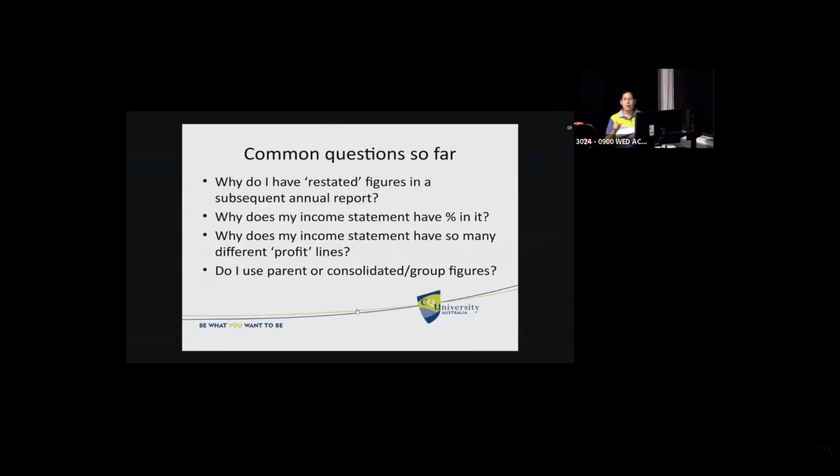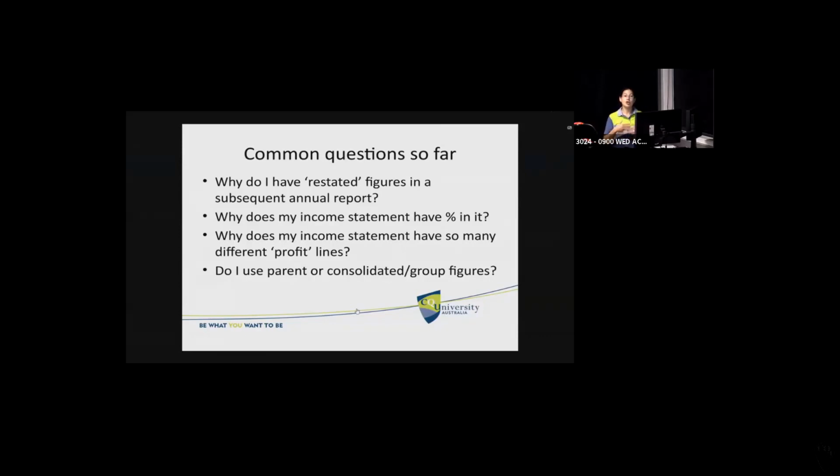And when they do that, to let users know that those previous figures have been restated, they usually put up the top "restated". So in the pre-recorded videos that I prepare showing you how to do the assignment for Wesfarmers, you'll see that Wesfarmers has a restated income statement for the previous comparative year.